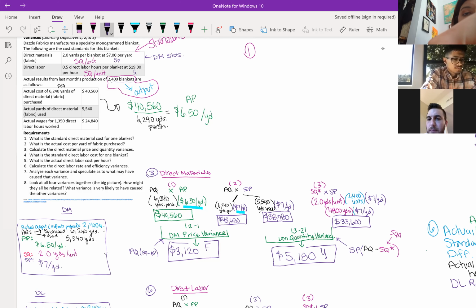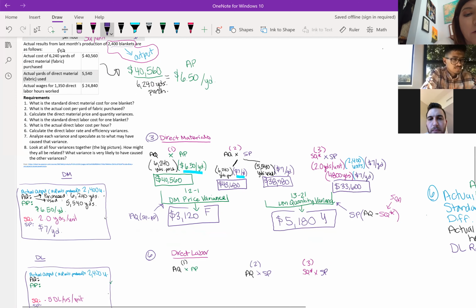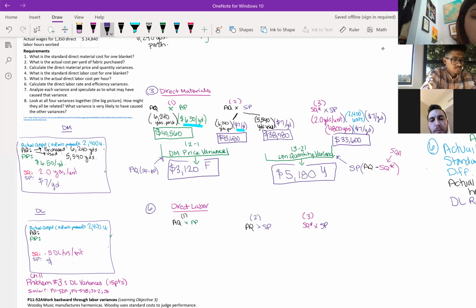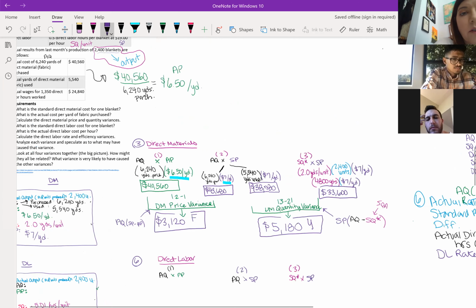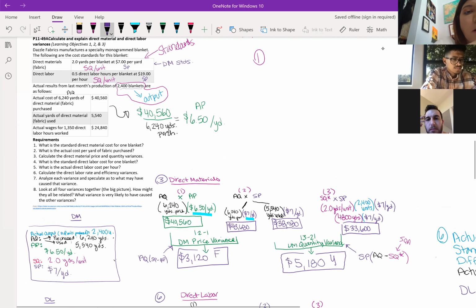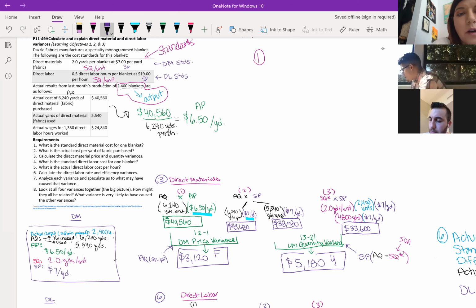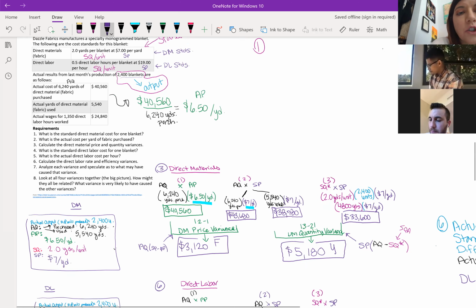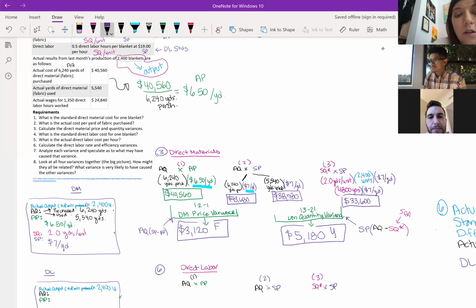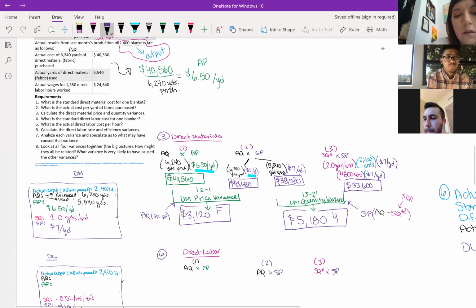Standard price. Oh, is that not the actual price? That's the standard, because they gave you the standards up above. Cost standards. Okay. So there's your direct labor standards. The actual output is again the 2,400 blankets. So I just put 2,400 units.